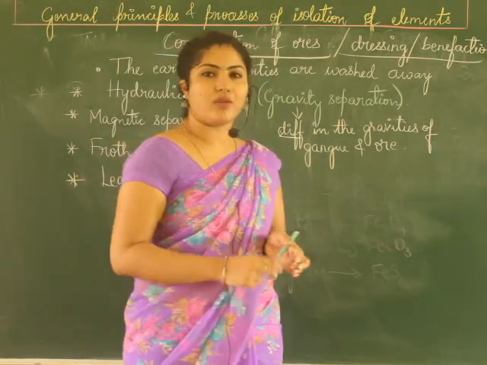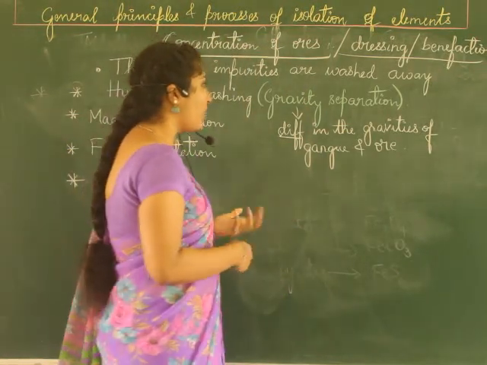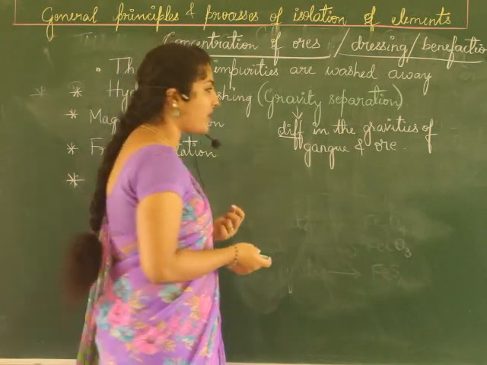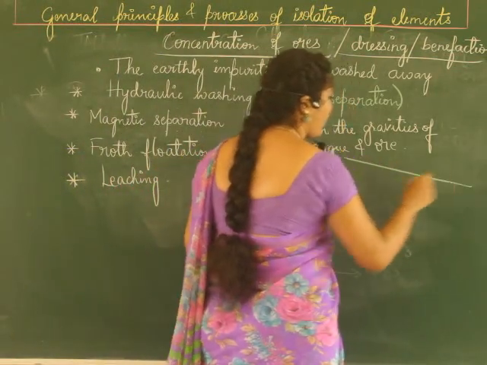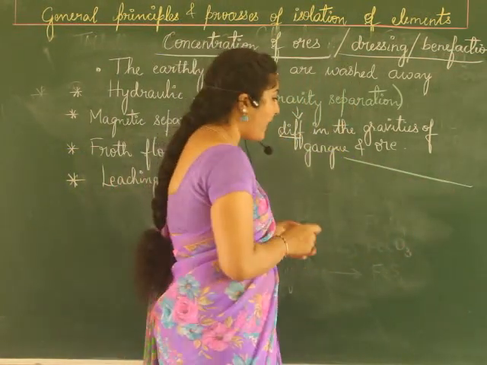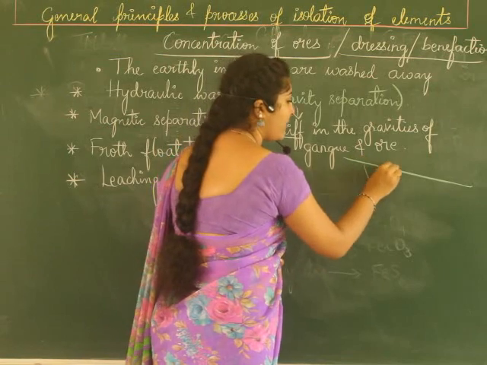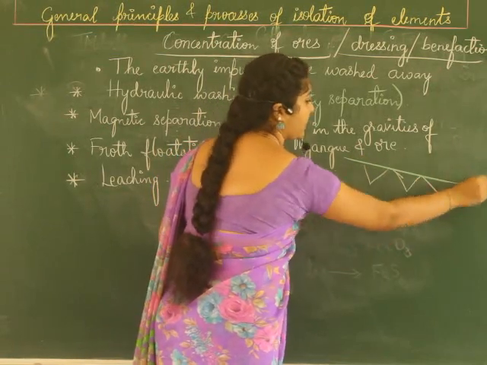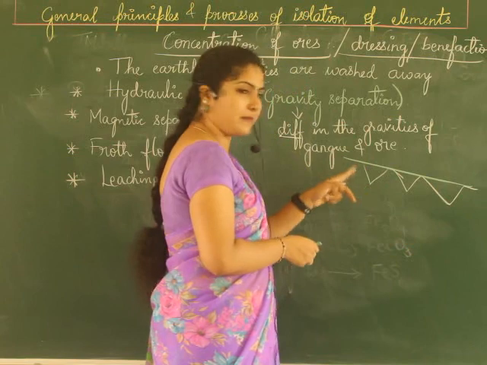So what happens, a brief picture of how exactly hydraulic washing takes place. You will have a slopy area where it will have some wedges here. Wedges in the sense spaces here.